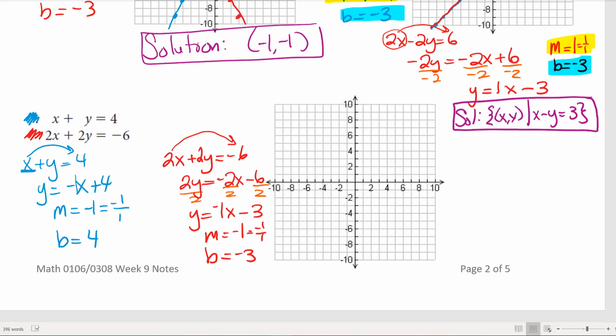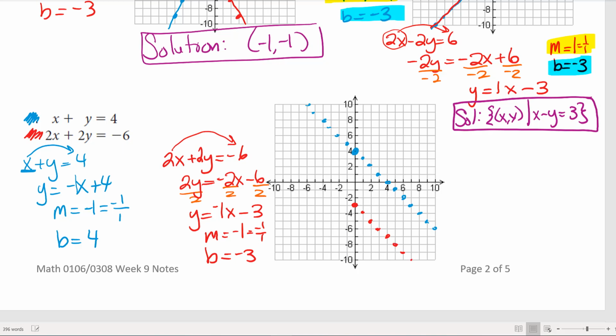So for my blue equation, I start at 4, and go down 1, left 1, down 1, left 1, all the way off my picture. Or I could go up 1, right 1. Okay. So for the red, I'm starting at negative 3, going down 1, left 1, down 1, left 1, down 1, left 1.